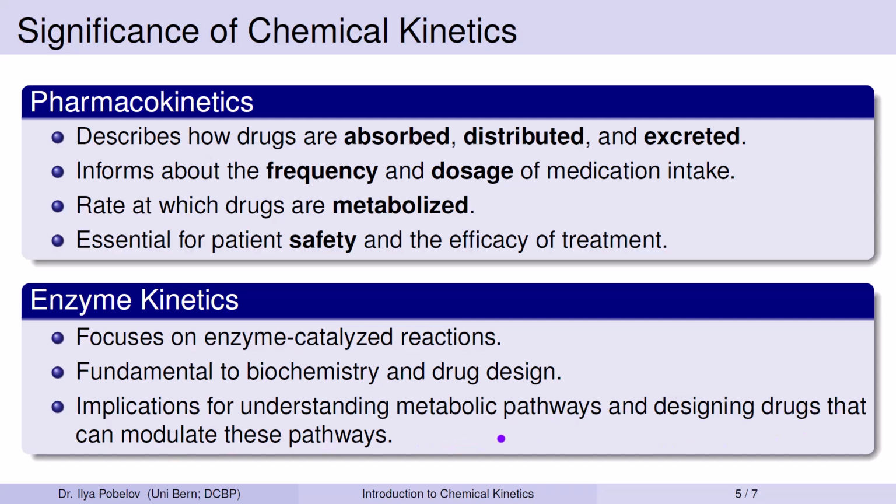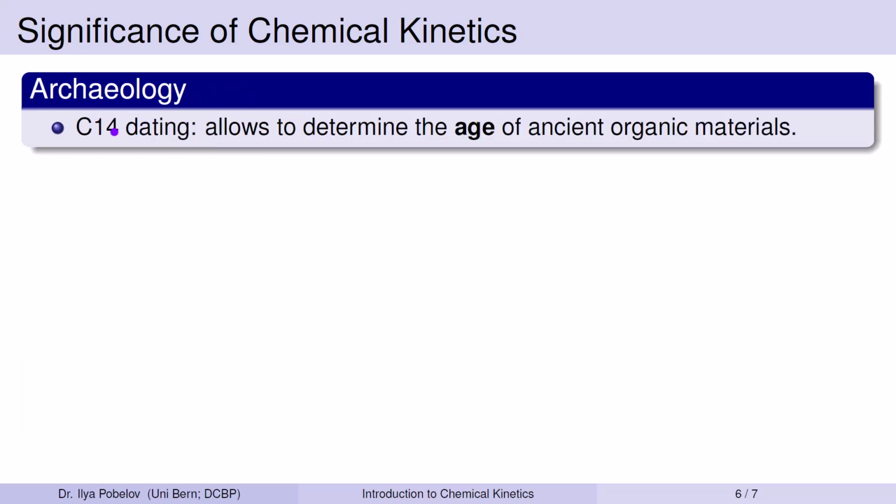In archaeology, kinetics provides tools such as the C14 dating method, allowing us to determine the age of ancient organic materials, from mummies like Ramses and Ötzi to historical artifacts, giving us a window into the past.